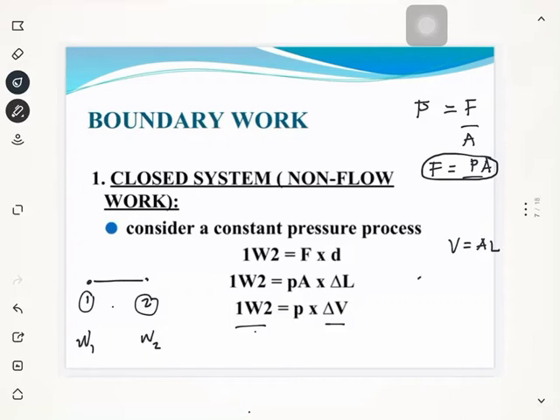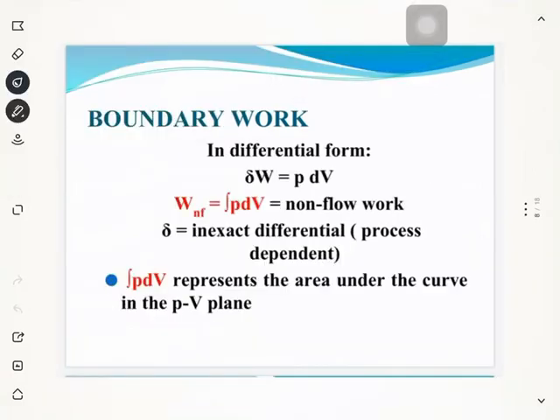That's why we always write work 1 to 2, not work at point 1, not work at point 2, because work is a path function.